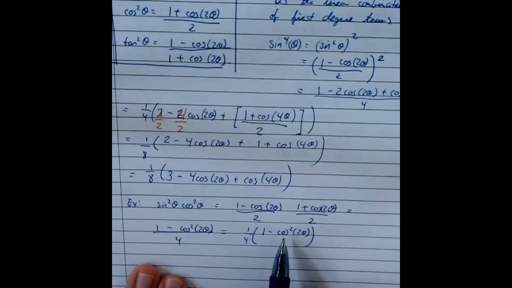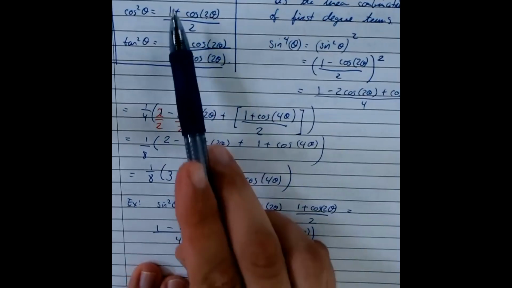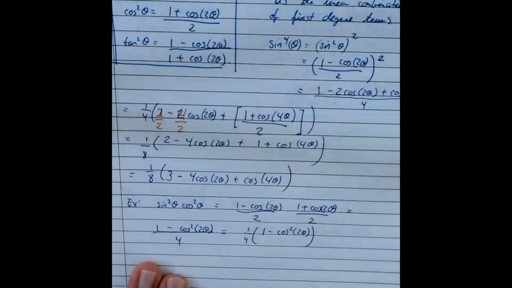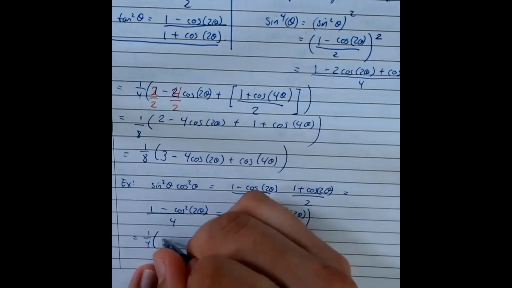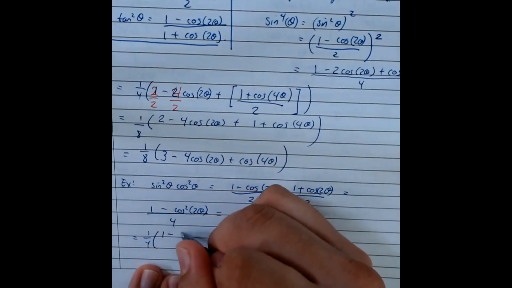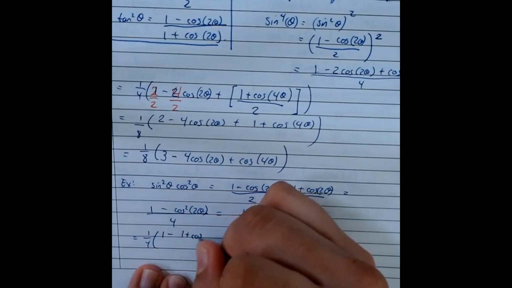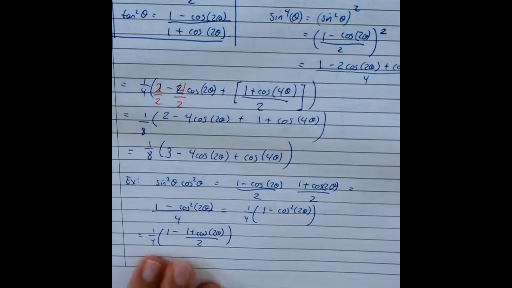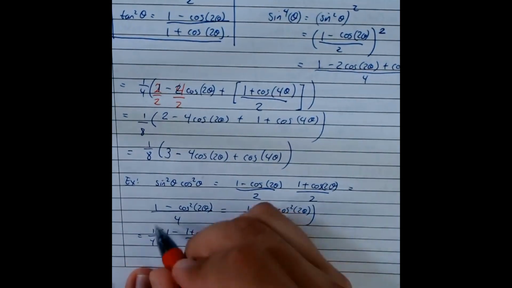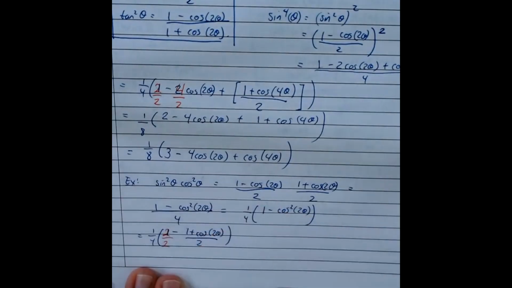All right, so now the cosine squared of 2 theta can be written as 1 plus cosine of 2 theta over 2. So this will be 1/4 times 1 minus 1 plus cosine of 2 theta over 2. Here, so I can join these together, I will write this 1 as 2 over 2. Like that.